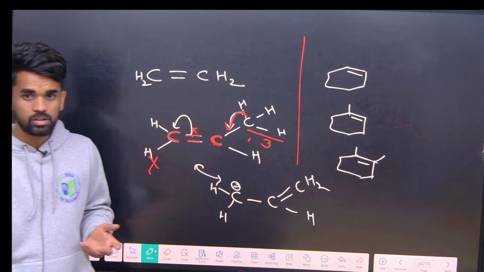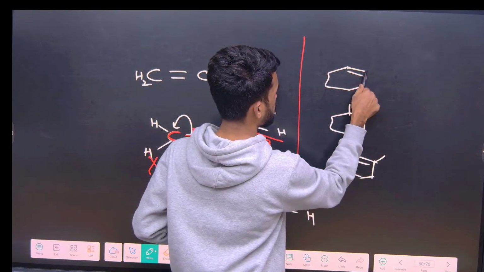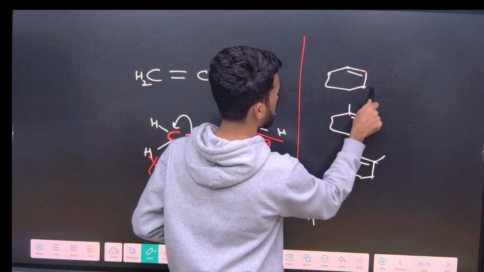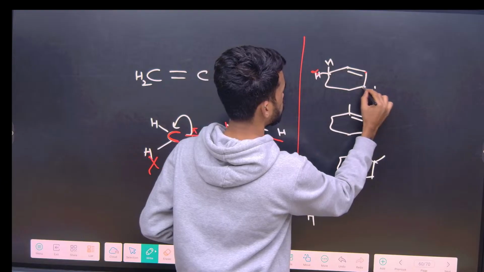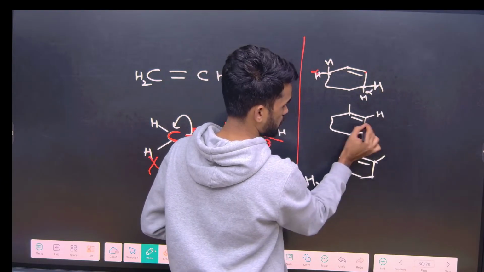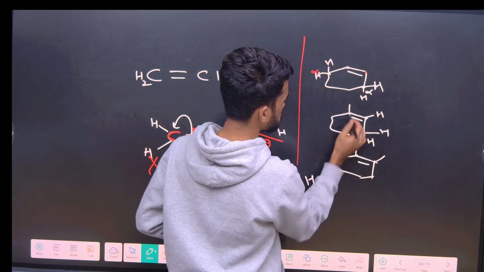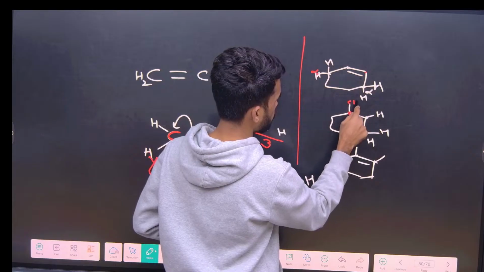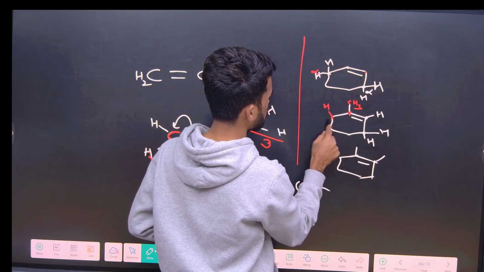What to do here? First of all, these are 2 alkene carbons, and the adjacent carbons, these are alpha carbons. How many alpha hydrogens are there? 1, 2, and this one 1, 2. This is alpha, this is also alpha, 1, 2, like that.